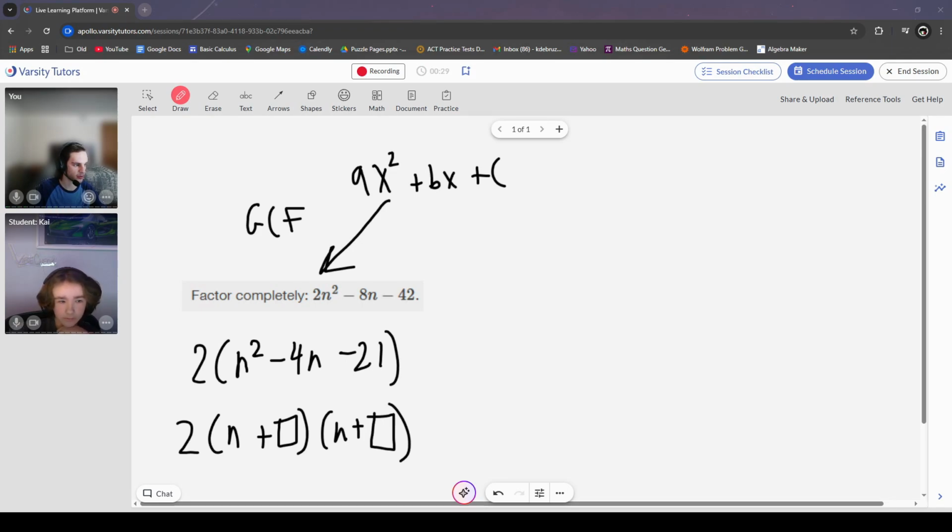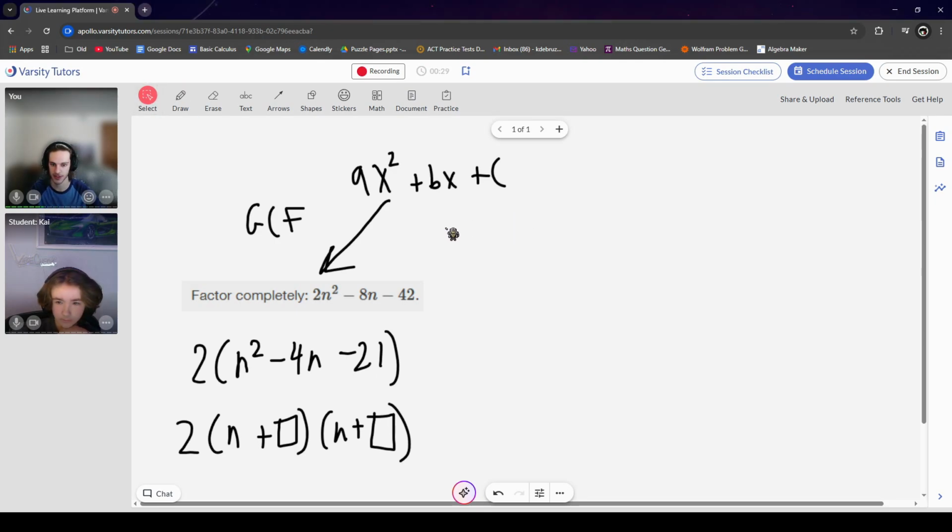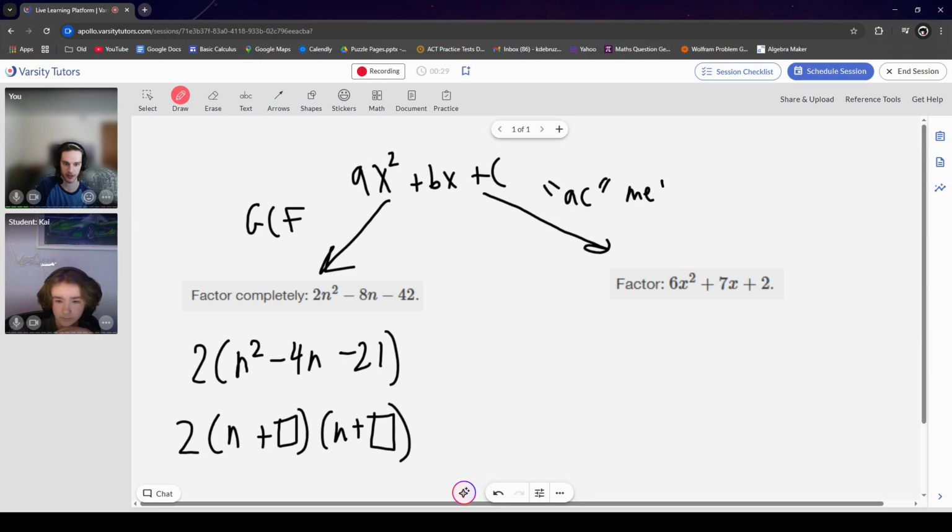Here we go, a problem that looks like this. To factor this, we need to use the AC method.